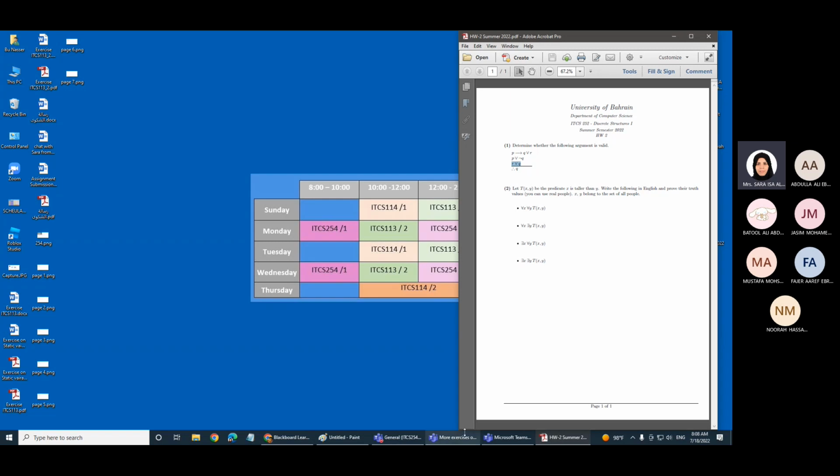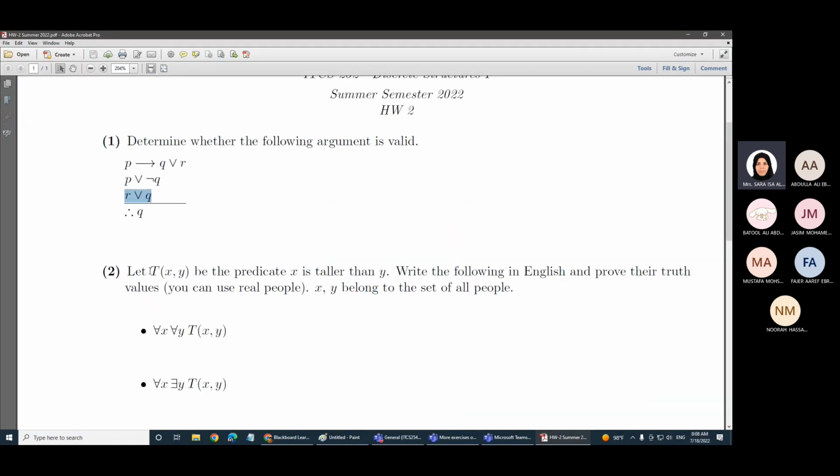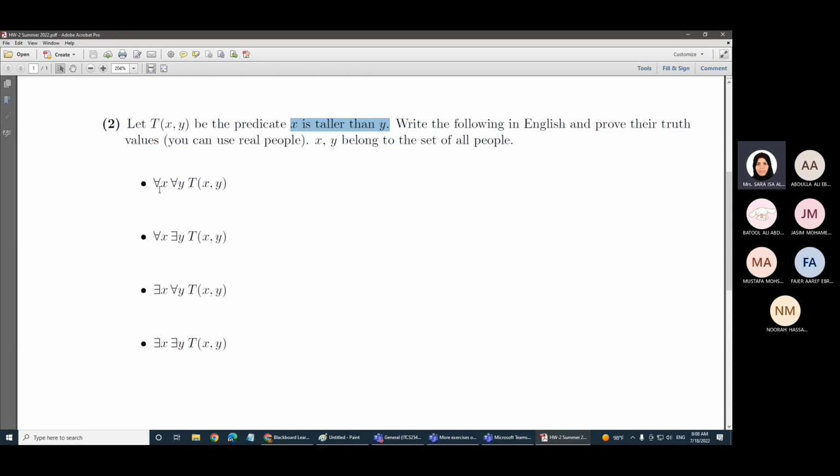About question number 2. Here, question number 2, what does it say? It says let Txy be a predicate that X is taller than Y. Write the following in English and prove their truth values. If you go through them, you will find them very simple. There is no adjective.